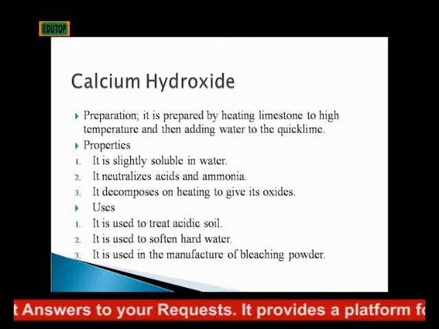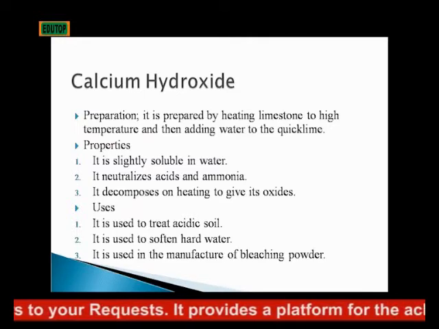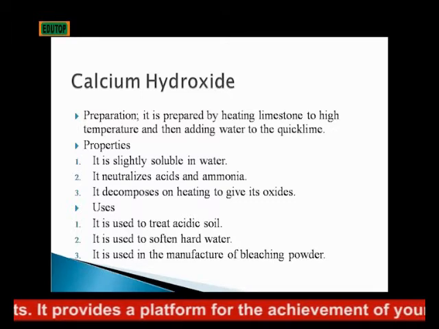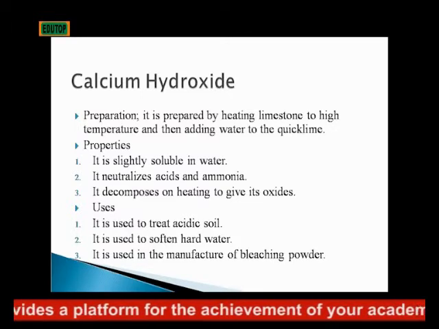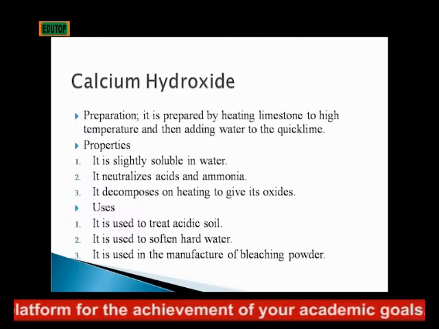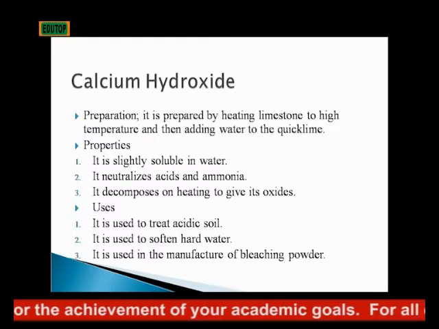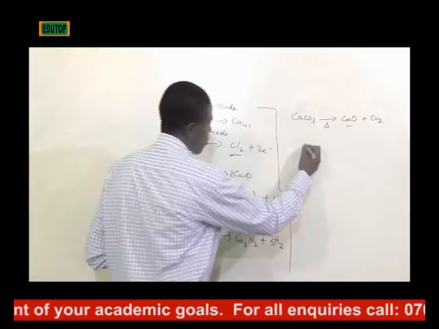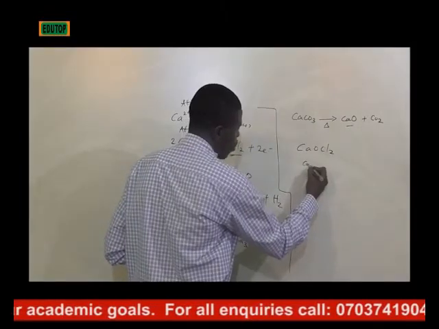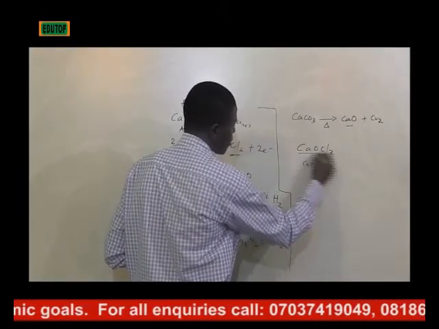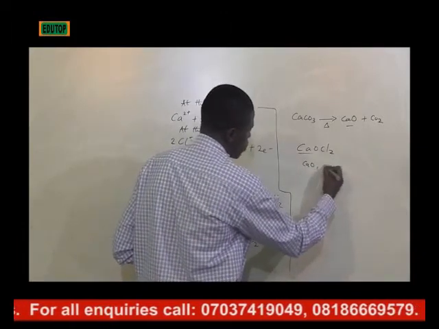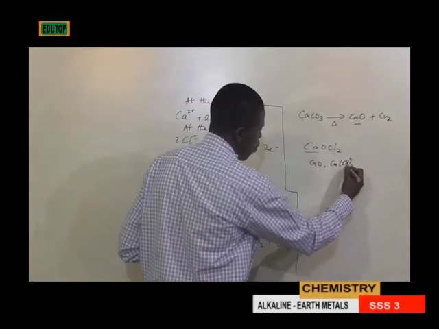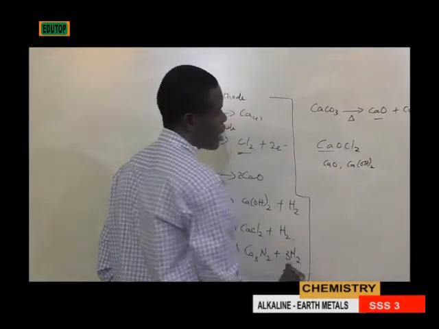Uses. 1. It is used to treat acidic soil because it is a base. 2. It is used to soften hard water. 3. It is used in the manufacture of bleaching powder. Bleaching powder. See that CaO is present here, and also Ca(OH)2, that's calcium hydroxide.